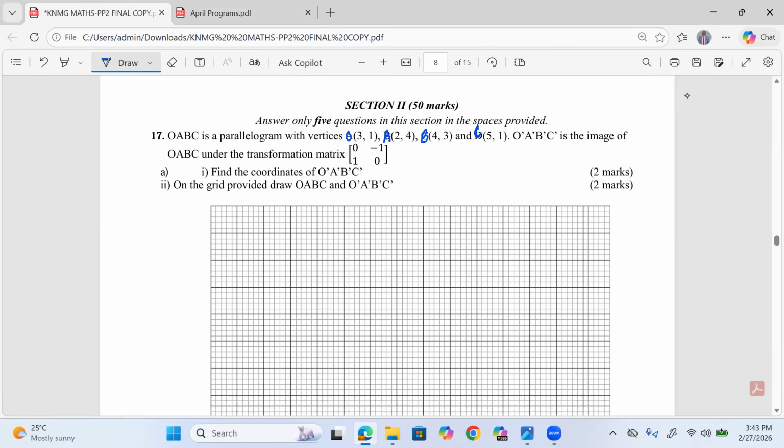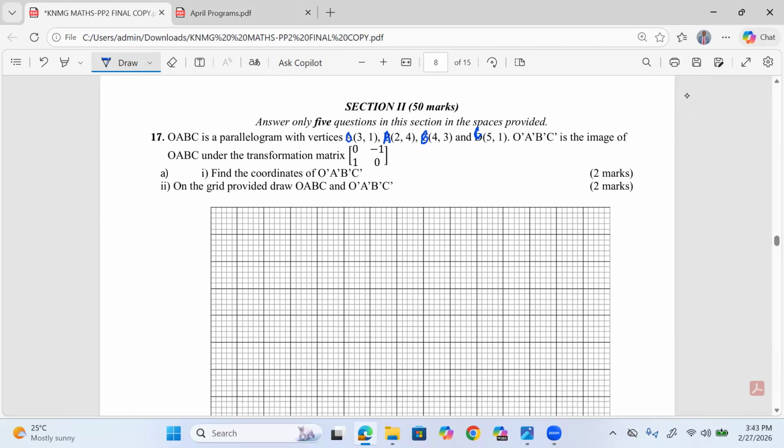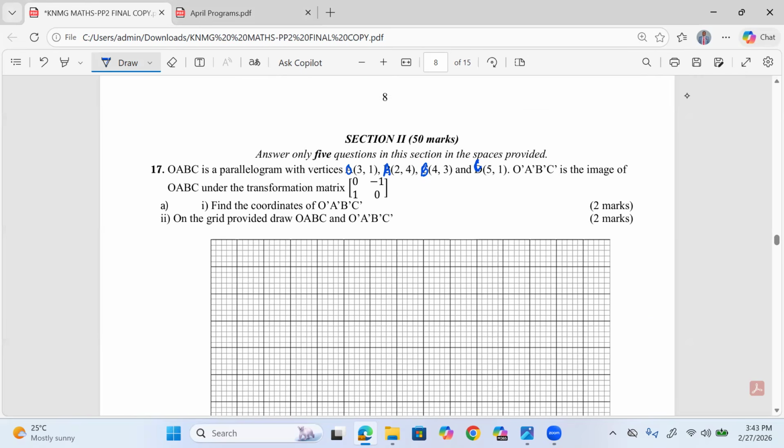Then we are told that O prime, A prime, B prime, C prime is the image of OABC under the matrix of transformation 0, -1, 1, 0. Part a, find the coordinates of O prime, A prime, B prime, C prime.